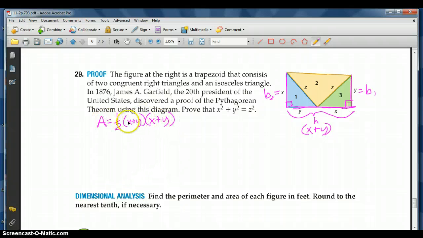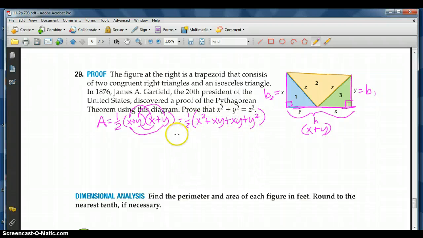Now to simplify this, I need to double distribute or FOIL my binomials here. So I need to take my first term times my first term, my outside times my outside, my inside times my inside, and my last times my last.